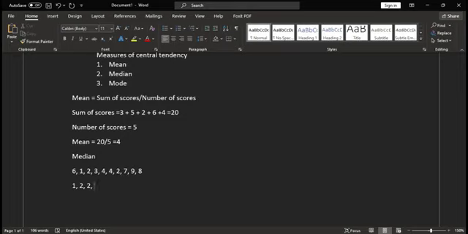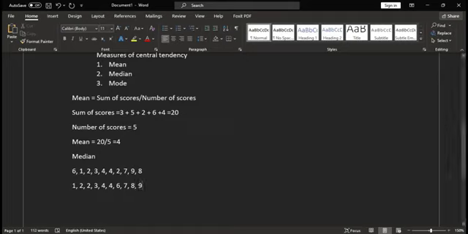Still in order of magnitude, we have 3, 4, another 4, we have 6, we have 7, we have 8, and we have 9.